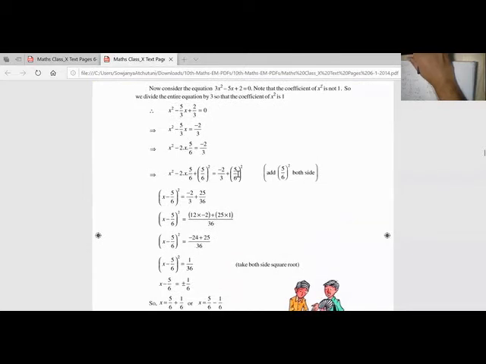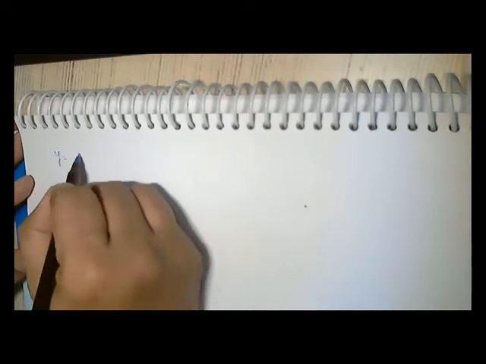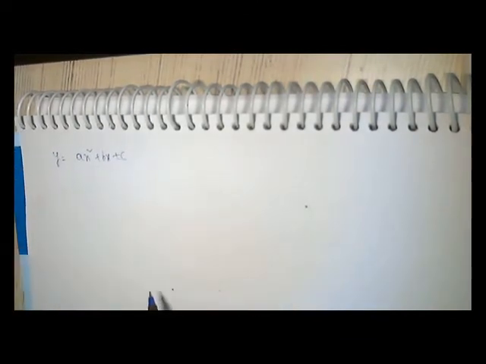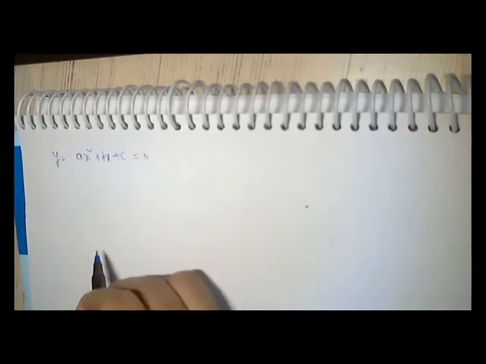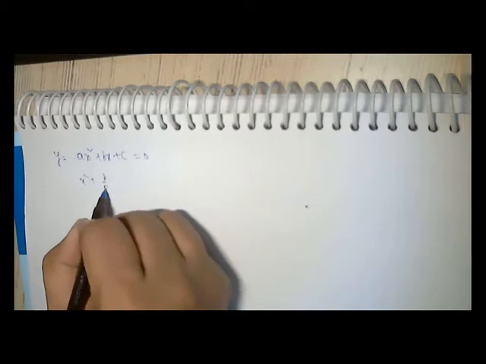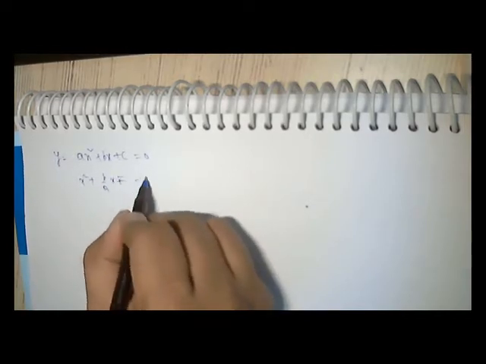We are generalizing this approach and discovering a formula. Let a quadratic equation be ax square plus bx plus c equal to 0. When I divide everything by a, x square plus b by ax is equal to minus c by a.